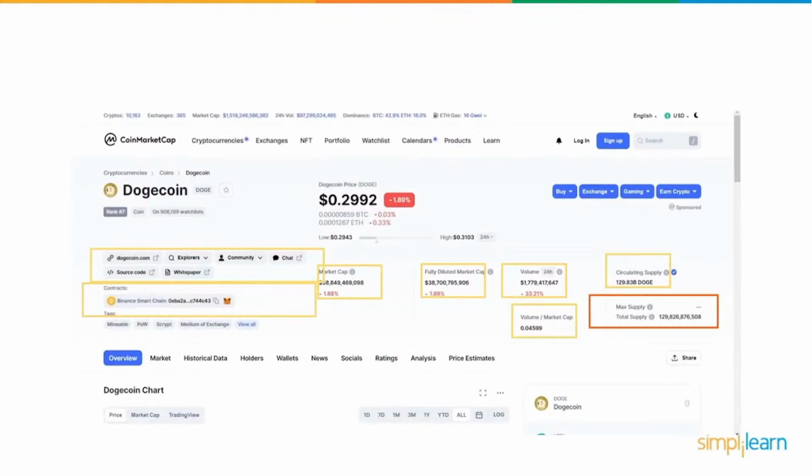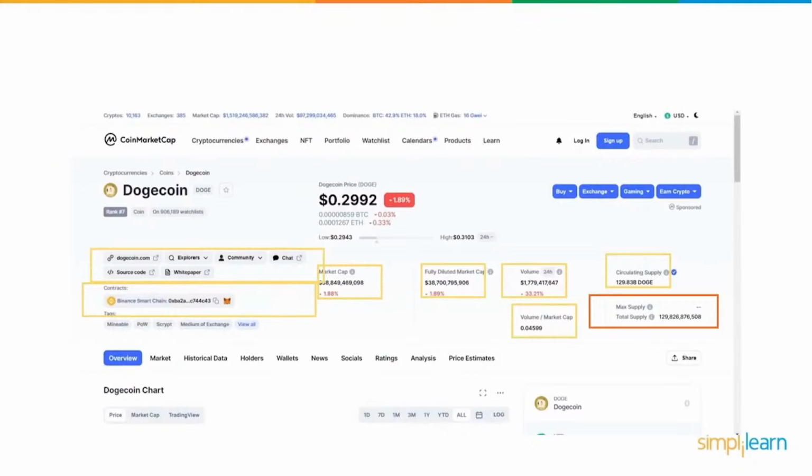Right beside the More option, you can see the market cap value of Dogecoin, which is 38,349,469,098. It is the total value of Dogecoin in circulation. Beside the market cap option, you can see fully diluted market capitalization, which is 38,700,795,906.